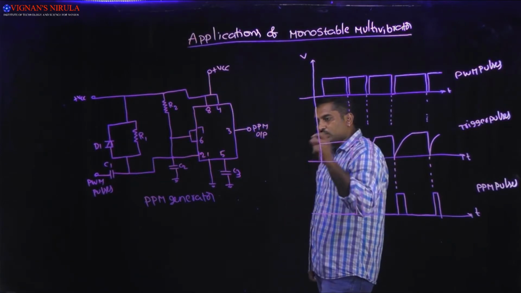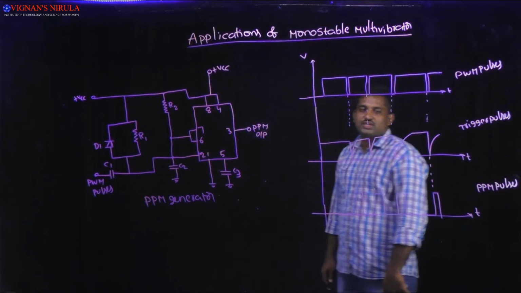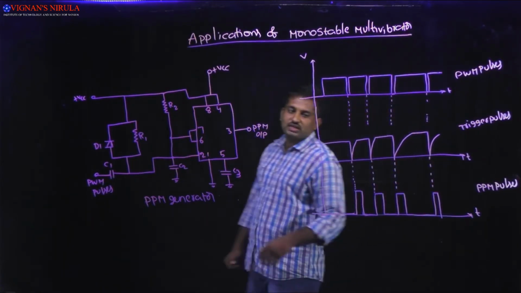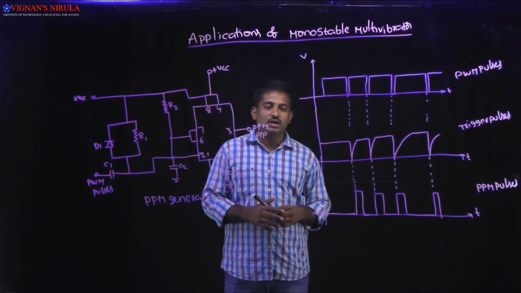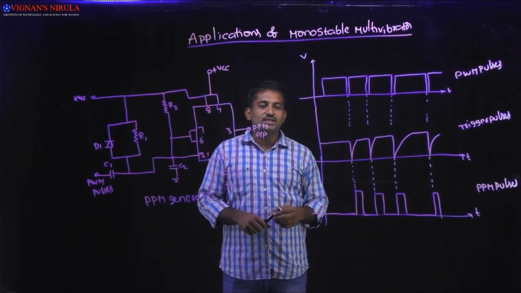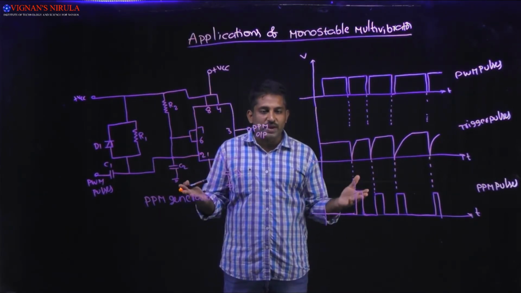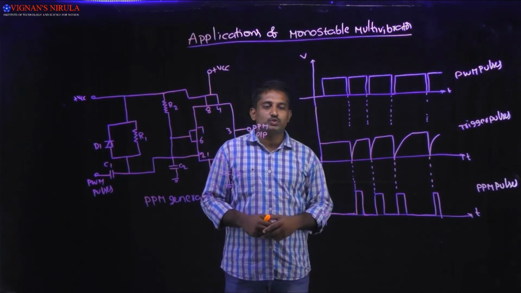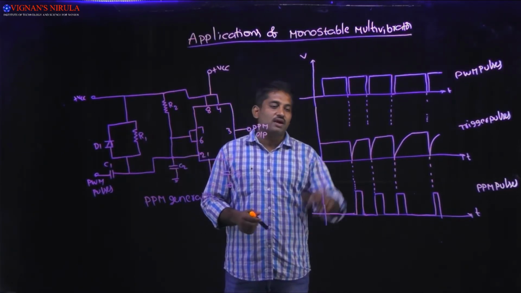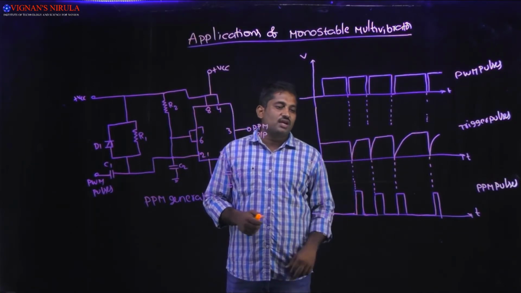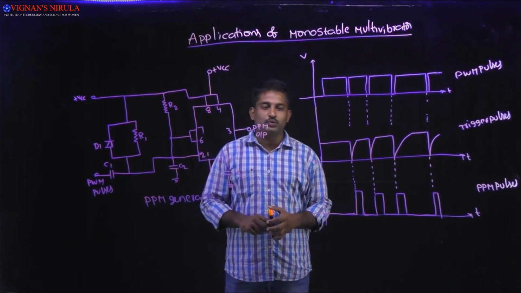Before applying to the trigger input, it will be passed through the differentiator, and the differentiator differentiates this signal according to the leading and trailing edges. That means it produces positive spikes as well as negative spikes, and the diode bypasses the positive spikes, which produces the negative pulses at the trigger input.